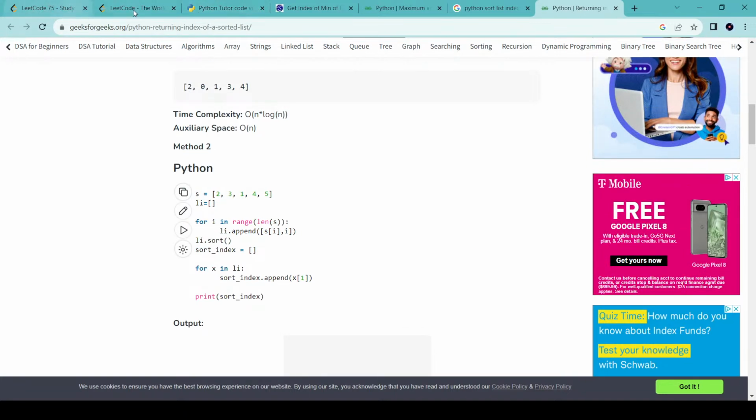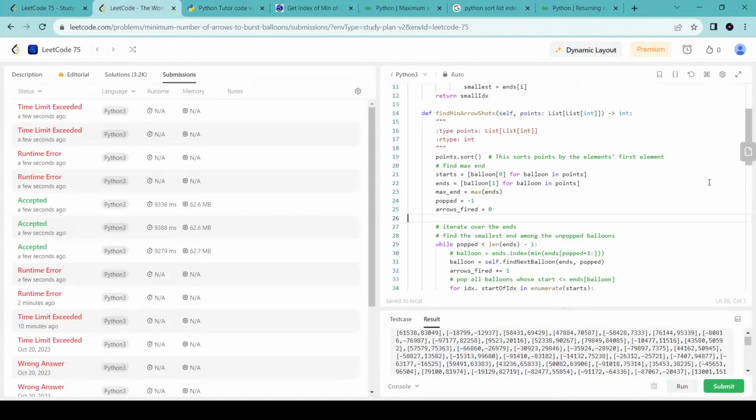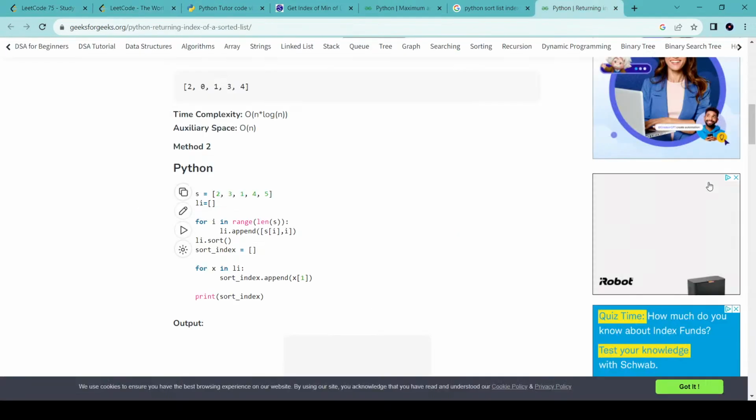So let's do this. We're going to sort ends, and the way we do it is to enumerate ends.